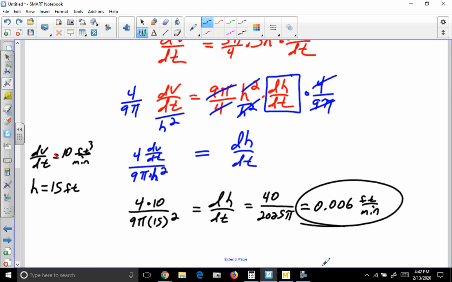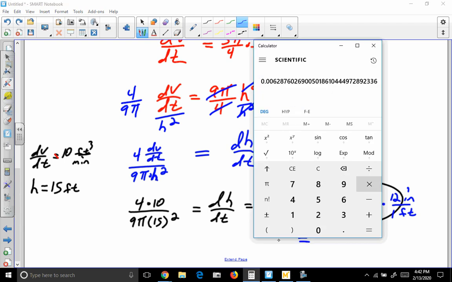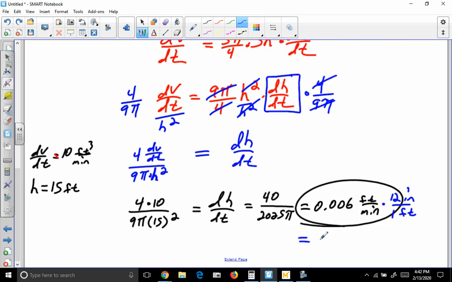If we wanted to convert that to inches, we could do that. If we've got feet on top, we would want to put feet on bottom, inches on top. 1 foot is 12 inches. So 0.06 times 12, 0.07, so 0.07 inches per minute.